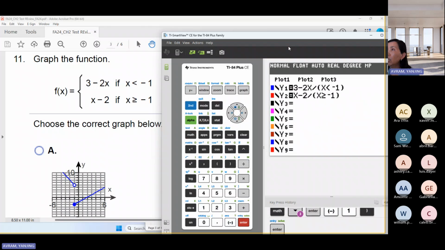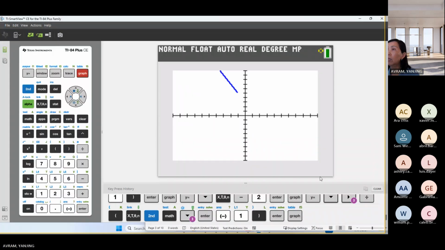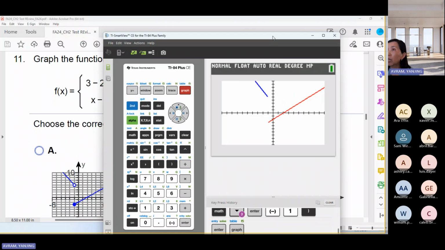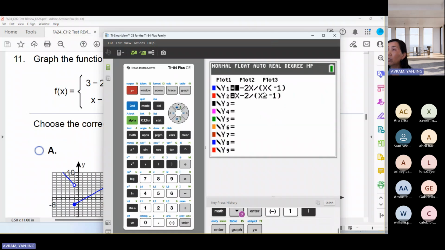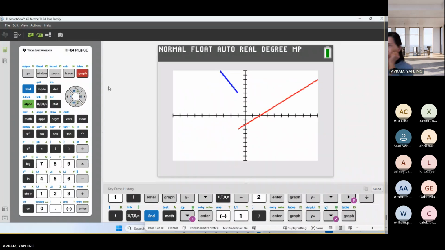Then when I hit enter and graph, you will graph exactly the same as we did on paper. So you just need to use a parenthesis and put a specific condition in here. Any questions?